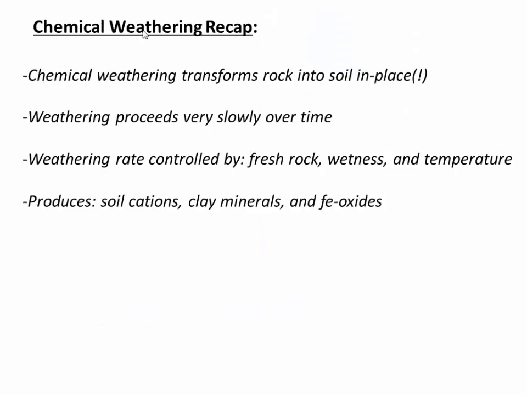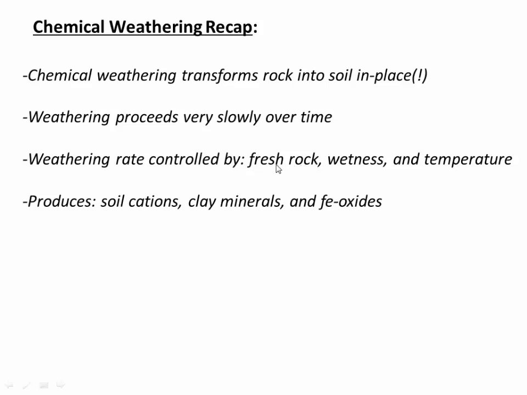So in the previous video, we looked at some of the chemical weathering processes that actually break the rock down. And I want to recap those quickly. Chemical weathering is a process that transforms rock into soil in situ. It proceeds very slowly over time, and the rate of chemical weathering is essentially controlled by the availability of fresh rock, by wetness, and by temperature.